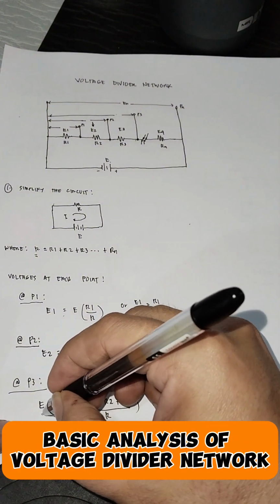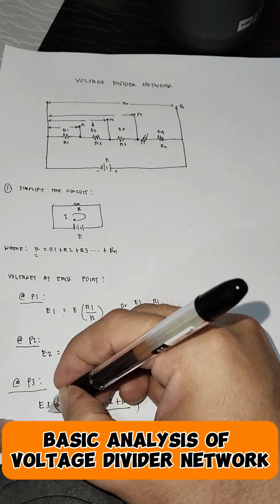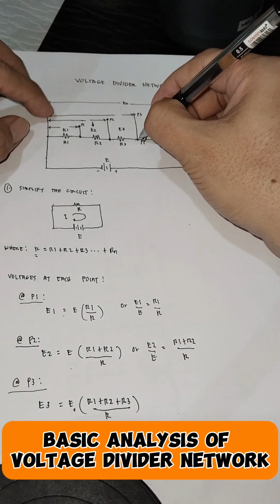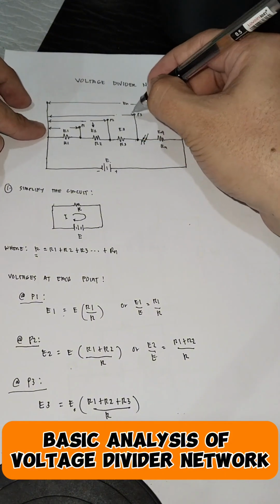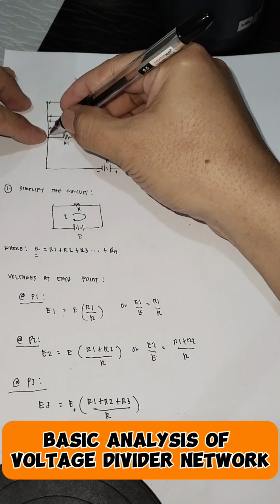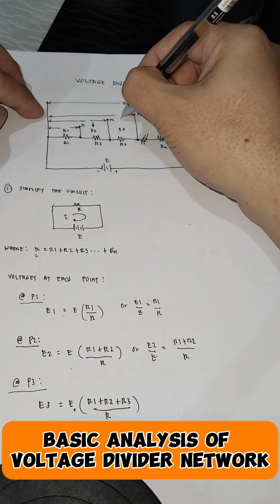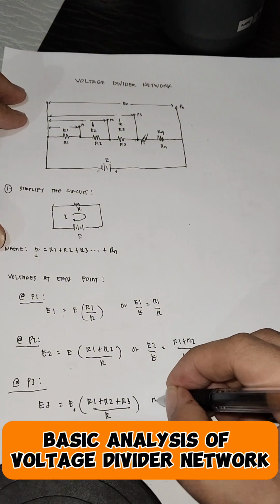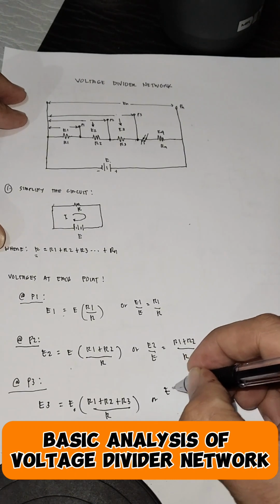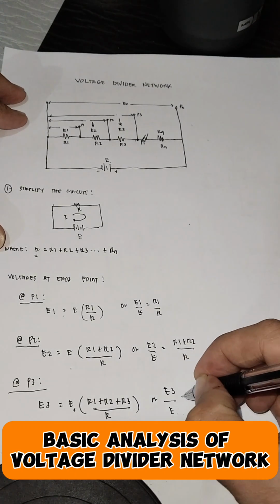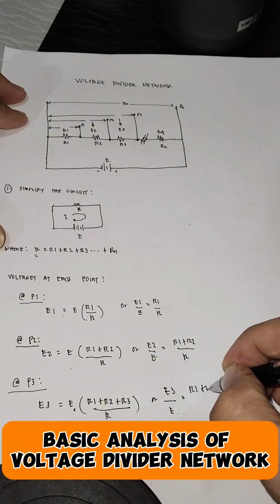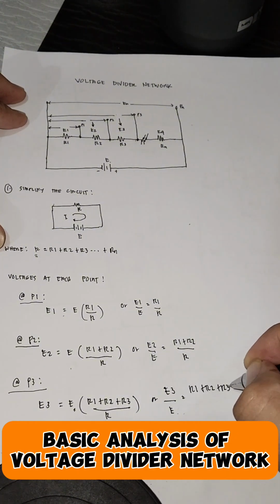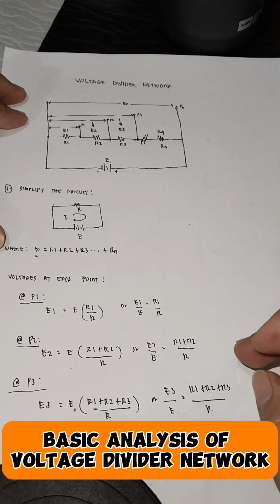So we can now get the value of E3 at this point, up to this point. So this is E3. Okay? So E3 over E is equal to R1 plus R2 plus R3 over R.